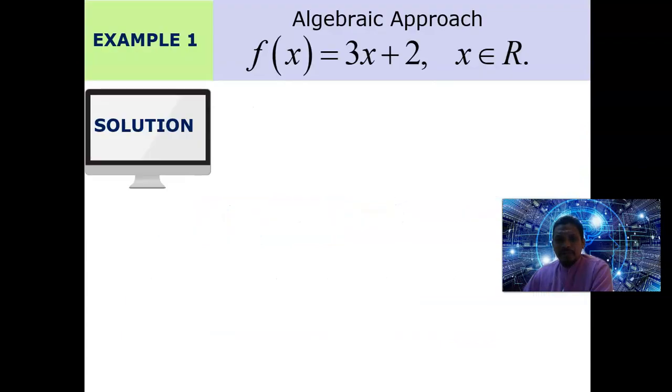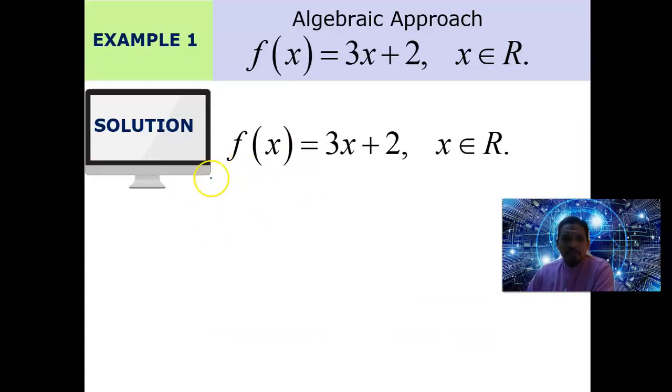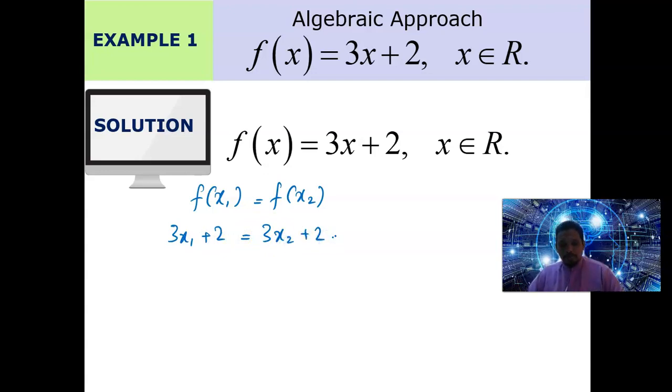So what's the meaning of all this? For example here, we're going to find out whether this function is a one-to-one function or not. So f(x1) equal to f(x2), then it is 3x1 plus 2 equal to 3x2 plus 2.